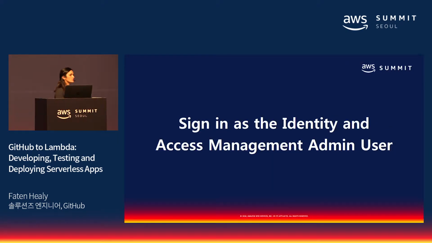The next step after creating the user is to sign in as the identity and access management user. So that means we need to sign out of the root or the console account and then use the URL that we copied, the custom console login, to enter the credentials of the identity and access management user.